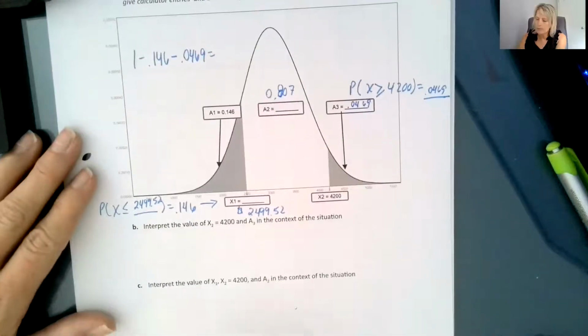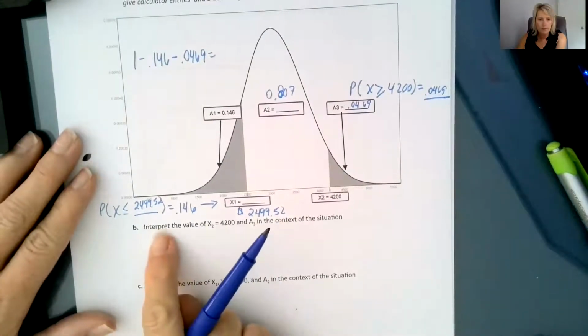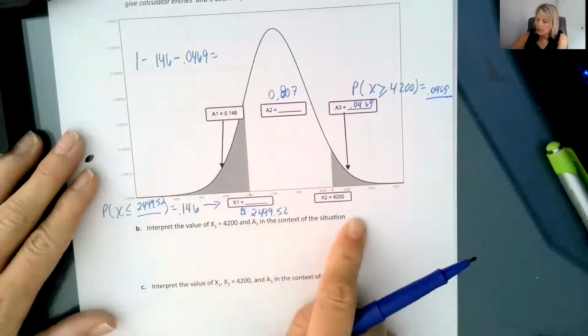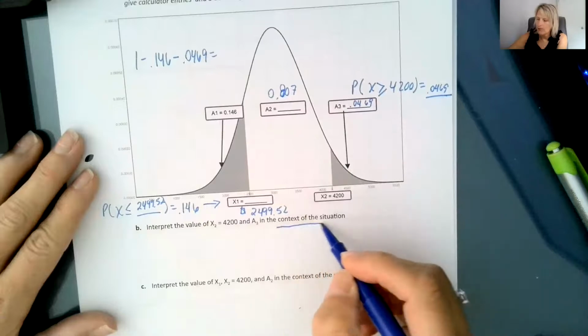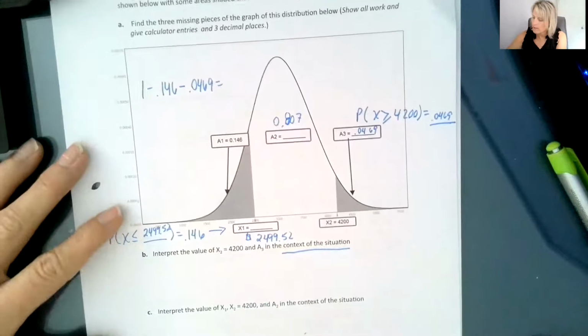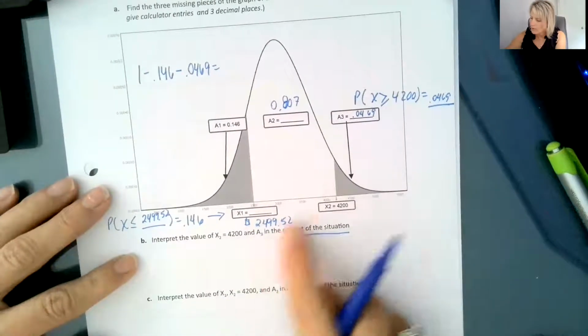Using these areas, B and C are asking us to interpret. So B says, interpret the value of X2 in context of the situation, which means I wanted to talk about this story of credit cards. So I'm going to say it's 4,200.